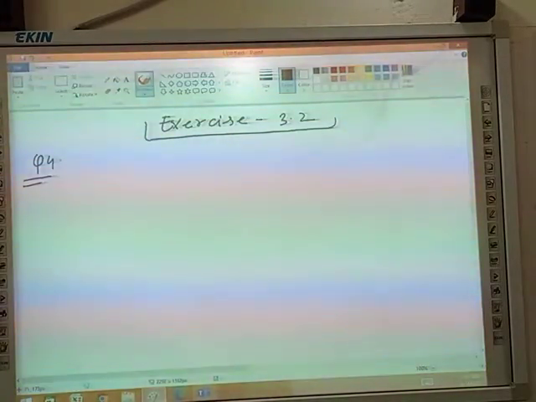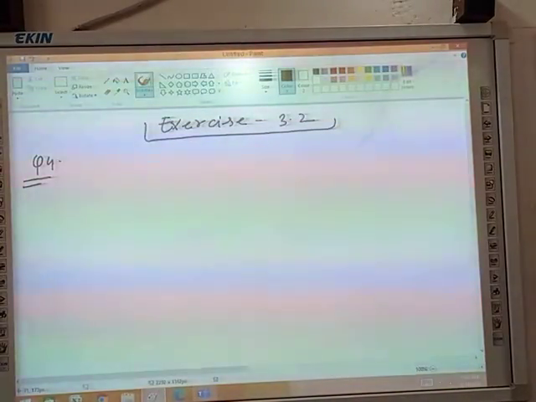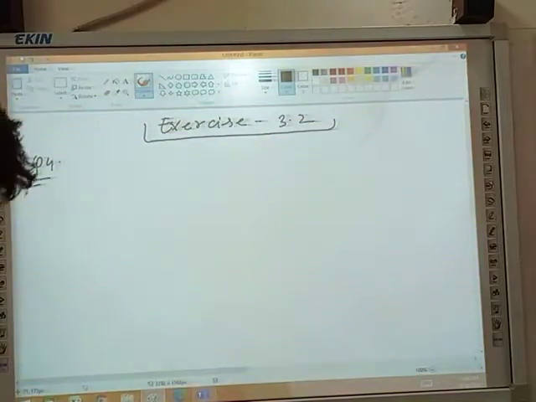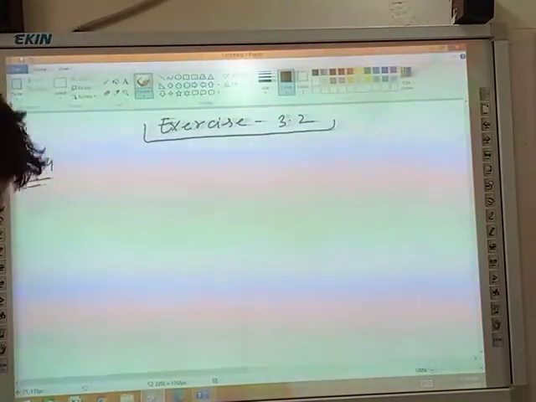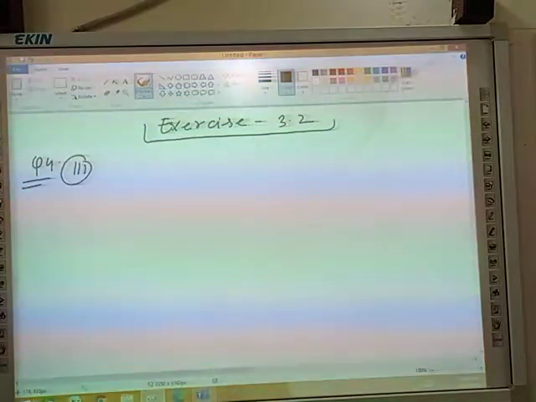Students, please read the question properly. If consistent, obtain the solution graphically. Students, third part, question number 4, third part. Remaining parts are in homework.